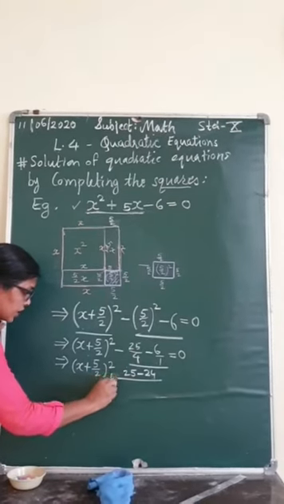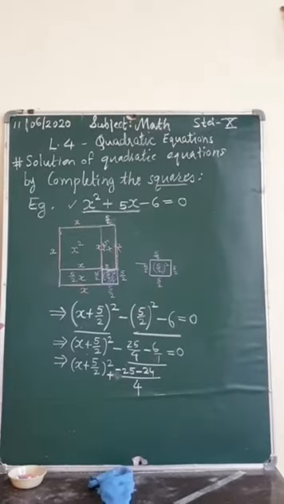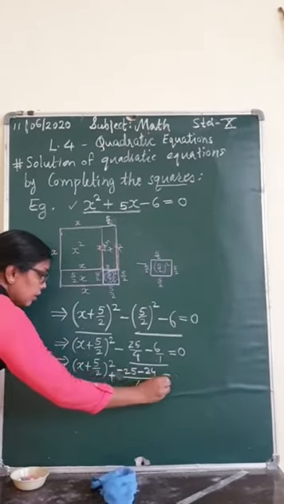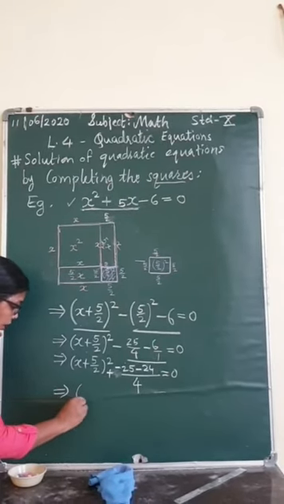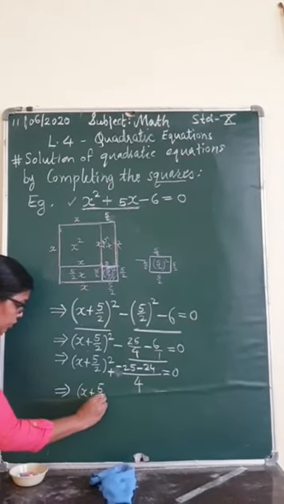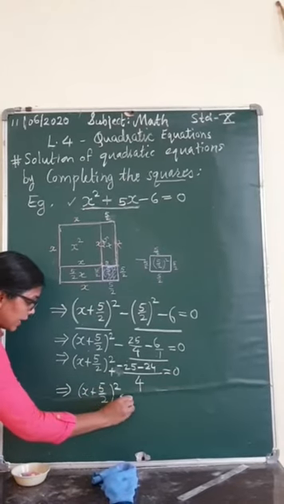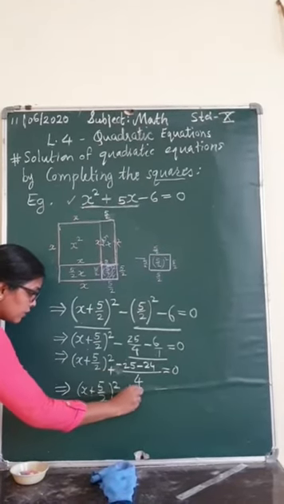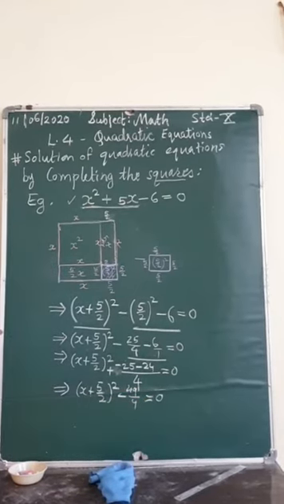Over 4. So finally we get x plus 5 upon 2 whole bracket square, minus 49 upon 4 is equal to 0.